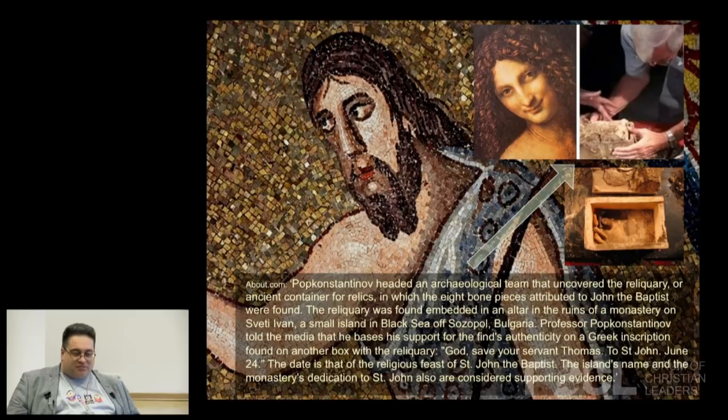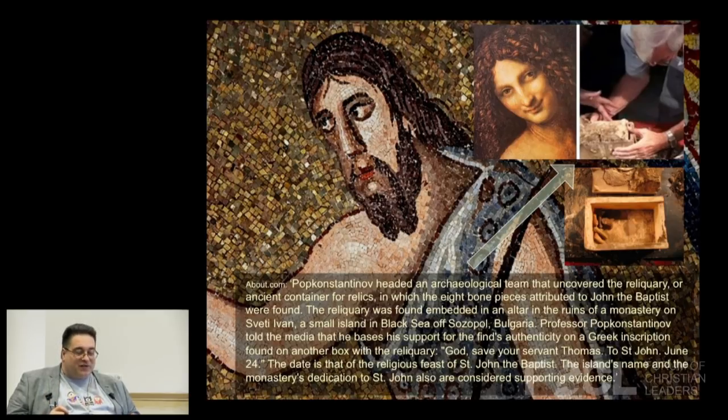Now, Professor Popkonstantinov told the media that he bases the support for the find's authenticity on a Greek inscription that was found on another box that was found with the reliquary. And this inscription on the other container says in Greek, "God save your servant Thomas, to St. John, June the 24th."